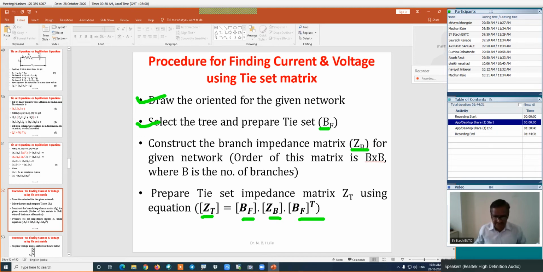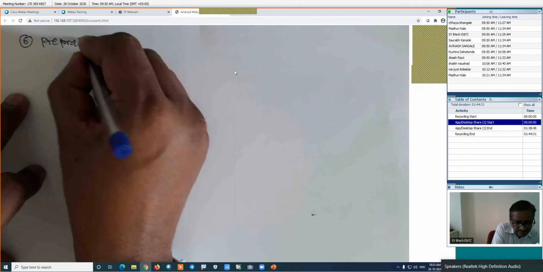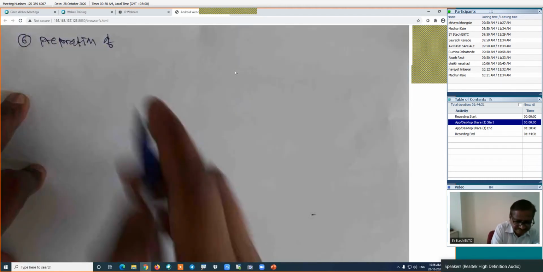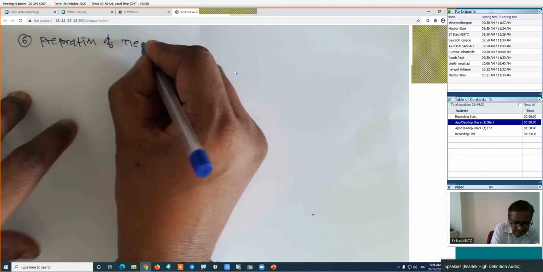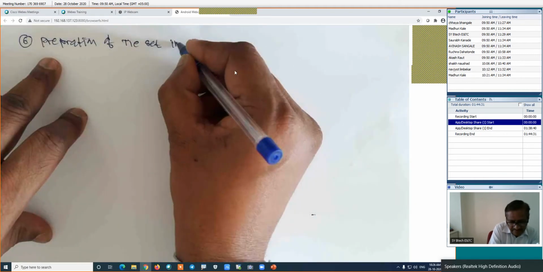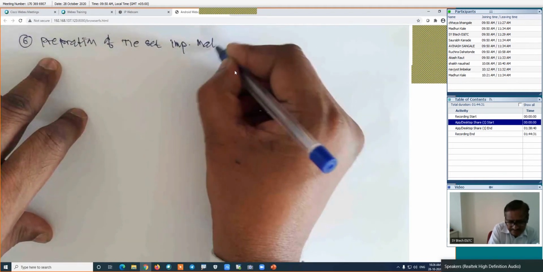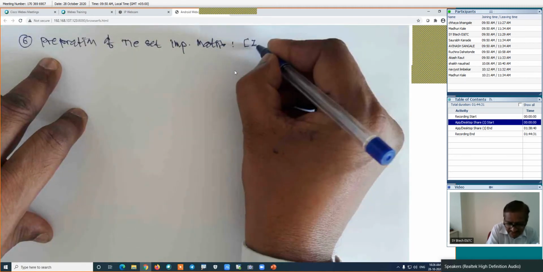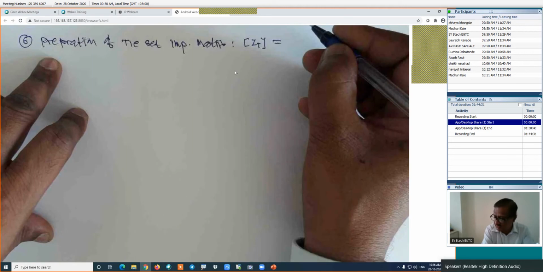Now we will prepare the Triset impedance matrix, which is ZT. What is the expression for ZT?